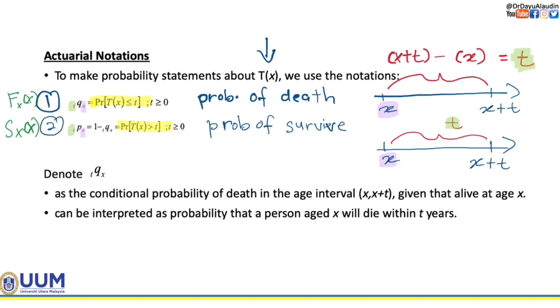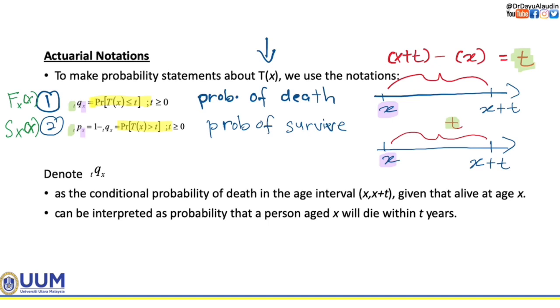In the survival model, in statistics, we use this notation. But actuarial science also has its own notation: tqx for probability of death and tpx for probability of survival.